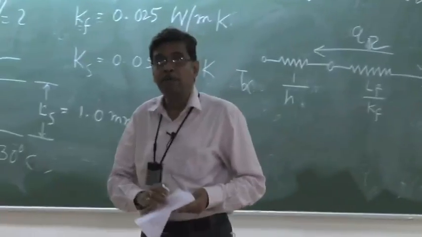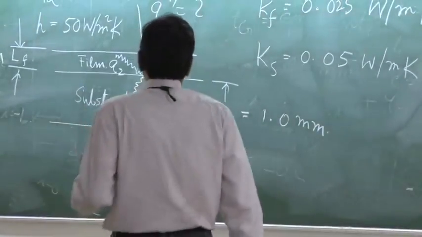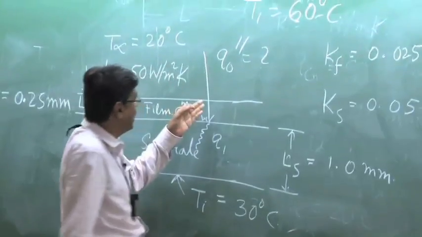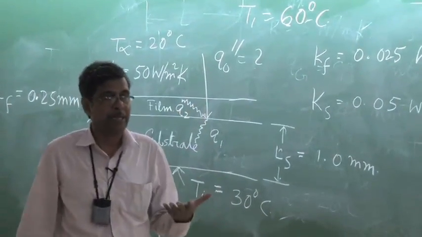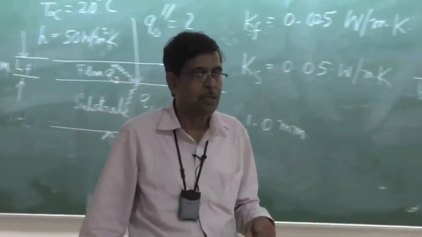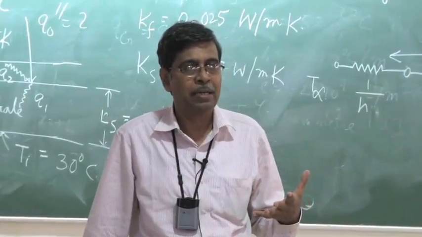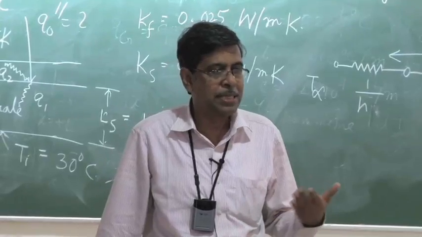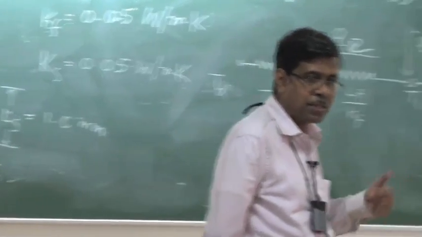Now, if the problem is stated this way, that radiant heat is incident on the film surface where the film acts as an opaque material, then what will you do? Tell me. If the film acts as an opaque material, that means this heat is not totally being transported to the surface.